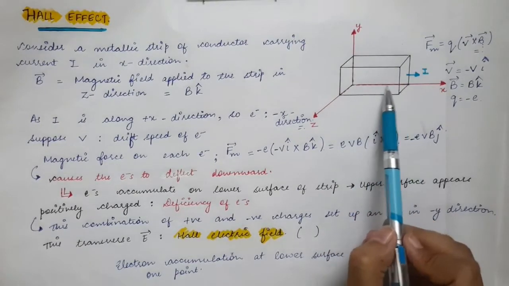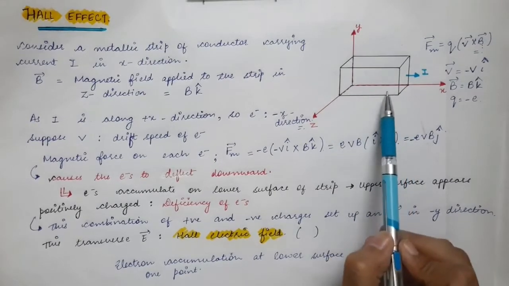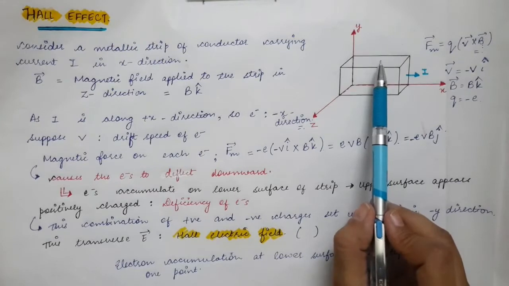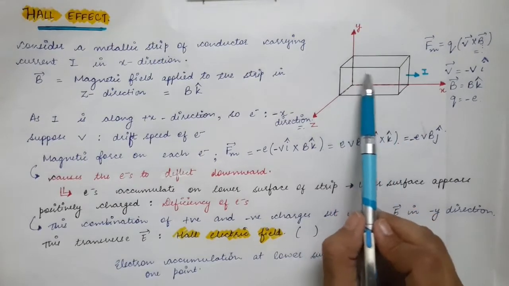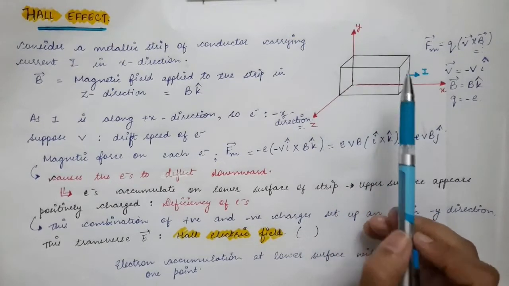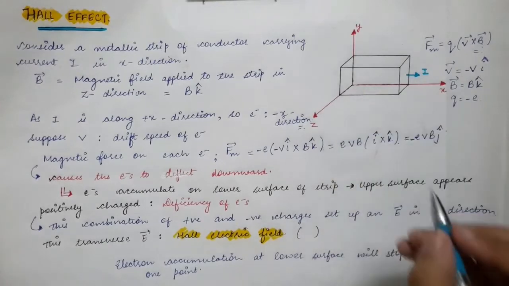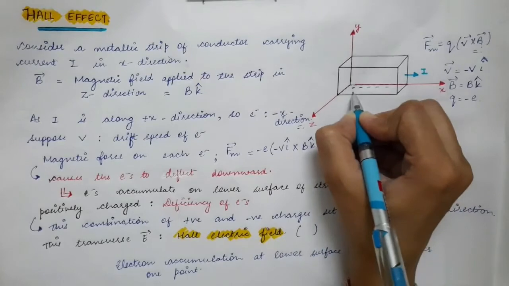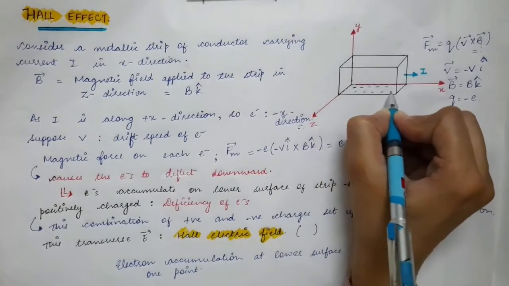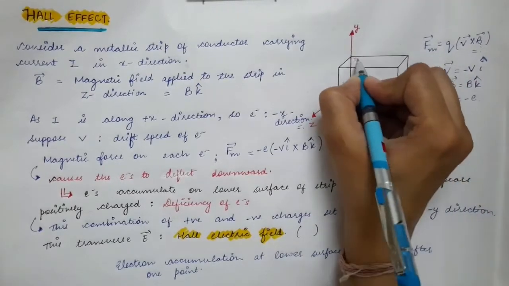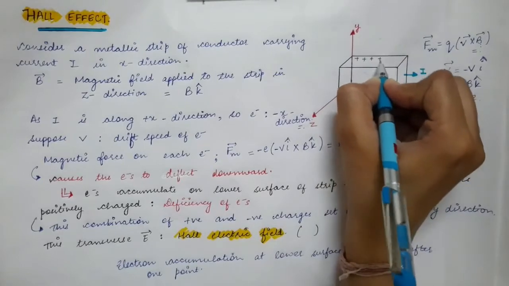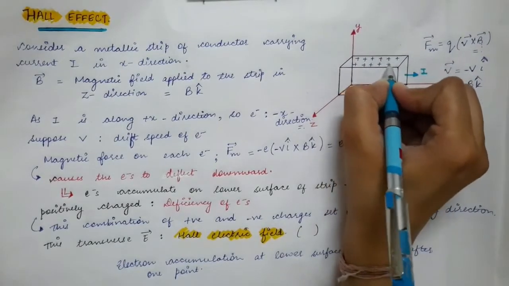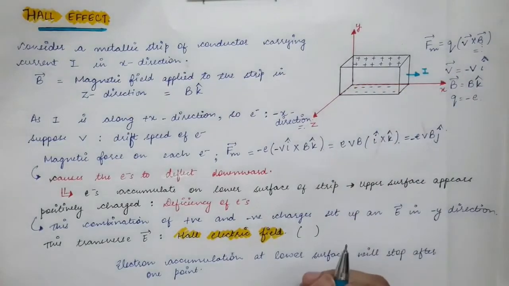So due to the excess of electrons in the lower surface, it will be negatively charged, and due to the deficiency of the negative charge, the upper surface will appear positively charged. After some time, there will be accumulation of a large number of electrons on the lower surface, and the upper surface will appear positively charged due to the deficiency of the electrons.